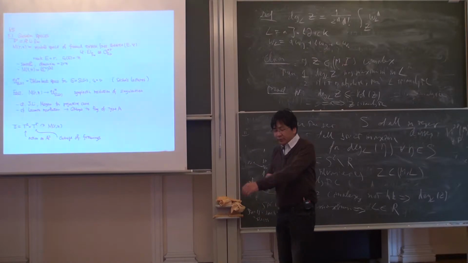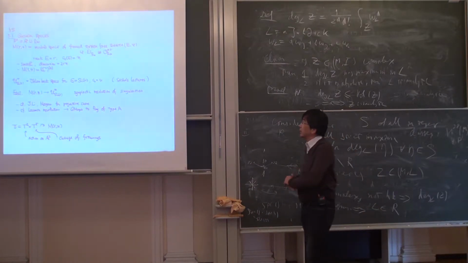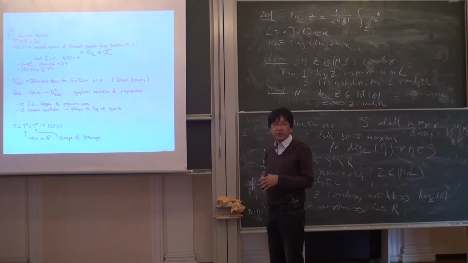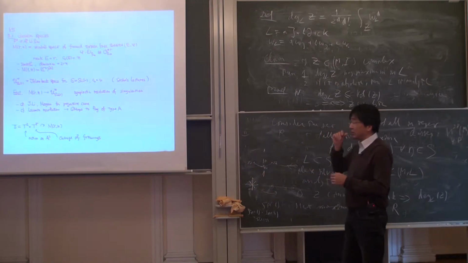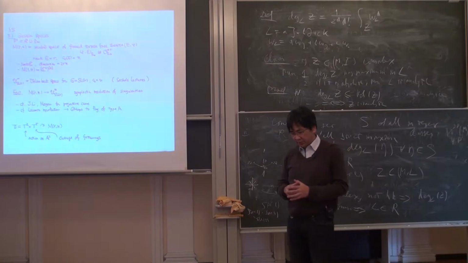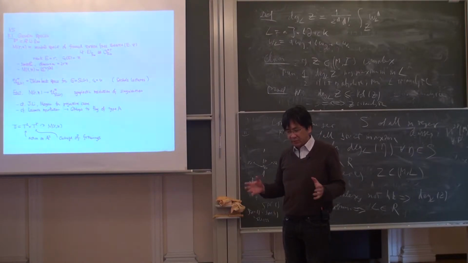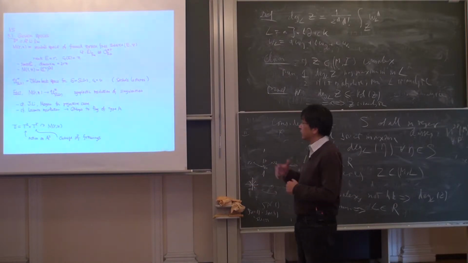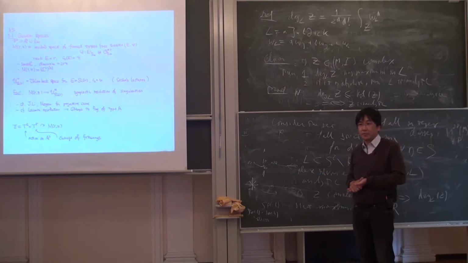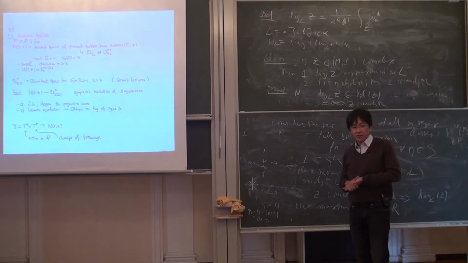If you don't know what a torsion free sheaf is, it's a kind of holomorphic vector bundle with mild singularities, and you don't need to worry so much about its properties. Basically, this space of torsion free sheaves forms a nice space. That's the only property which I use so far.